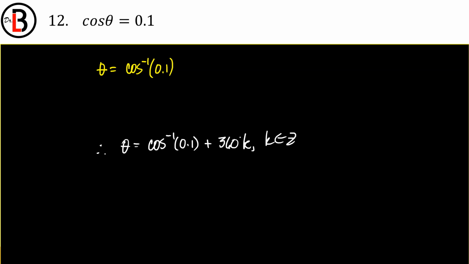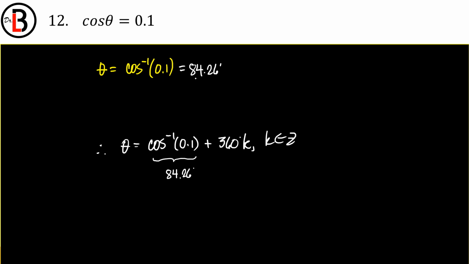So that's 84.26 degrees. 84.26 degrees plus 360 times any revolution. Or since in the first quadrant, that's 84.26. What about in the fourth quadrant?